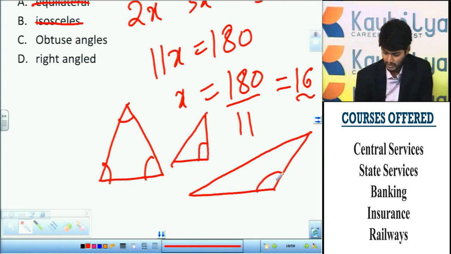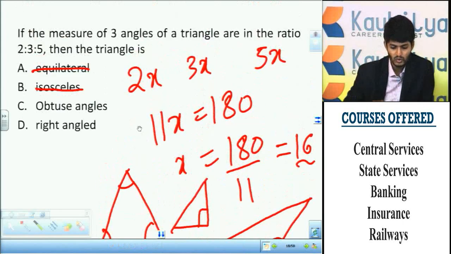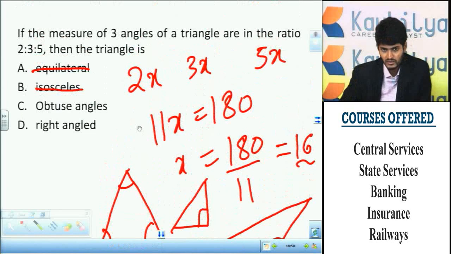So in the given question, we have 2:3:5, which is adding up to 180 degrees, right? So if you have 2x plus 3x plus 5x, which is 10x, in my calculations I have made a mistake.